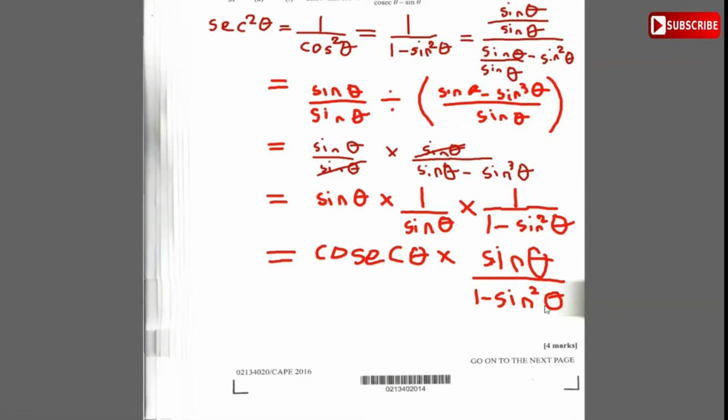Then what's 1 minus sine squared? The cosec theta minus sine theta. Let's have a good look. We already get to our numerator.